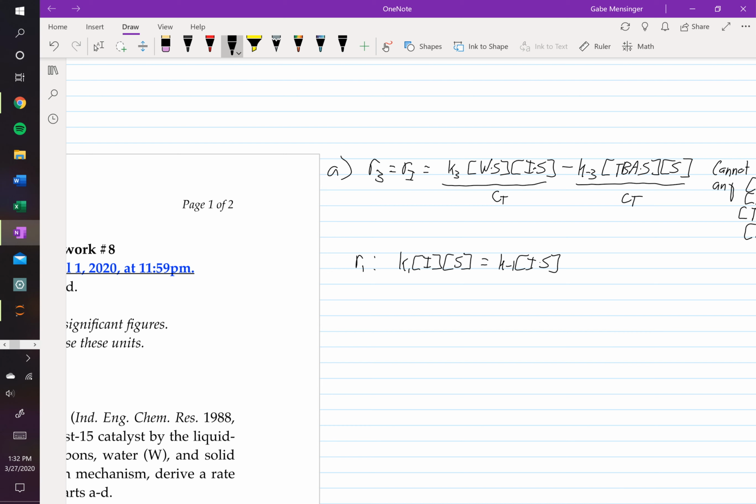Why is R3 equal to Ri? We're ultimately trying to find the rate of disappearance of I, so that would just be Ri.